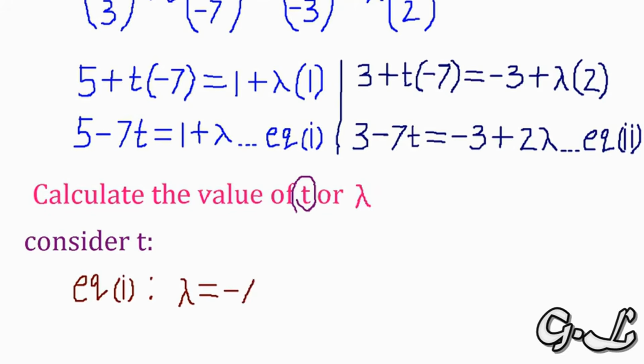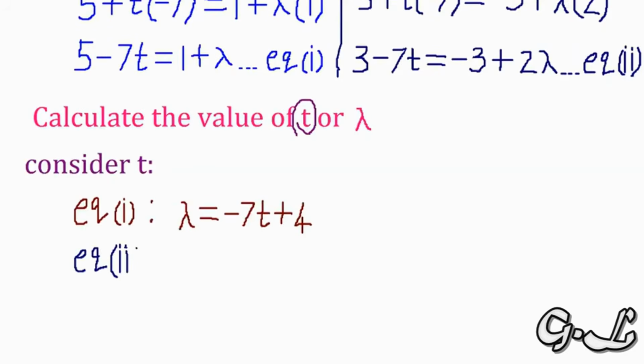We're going to make the positive one go to the other side, and when it goes to the other side, it is going to be negative. So it is going to be 5 minus 1, simply because those are like terms, and 5 minus 1 gives you positive 4. So lambda is equal to -7t plus 4. So this is what we have as lambda.